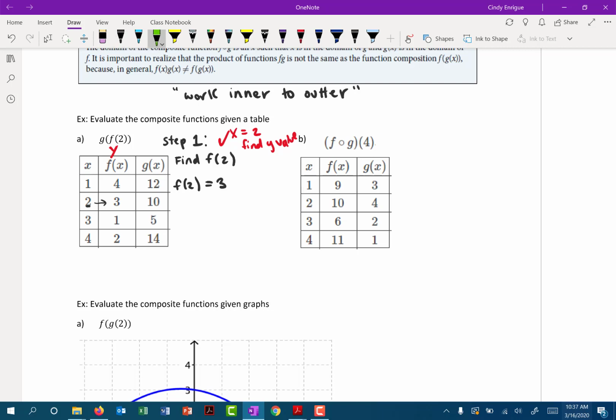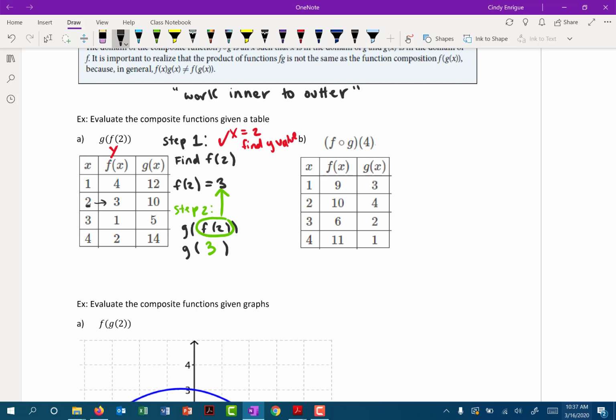So now for step 2, we are going to input that value in. So what we just saw, g of f of 2, and the f of 2 that we figured out was 3. This inner part came from finding out what f of 2 was.